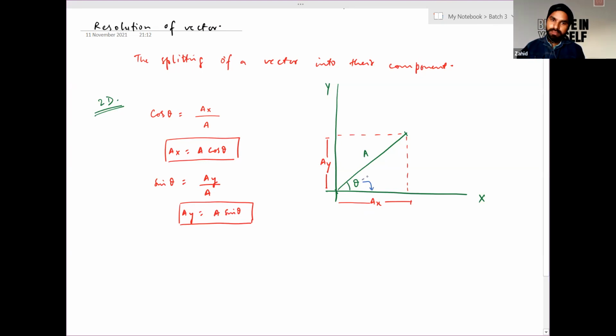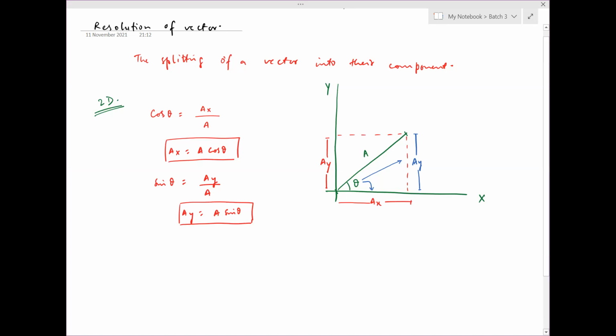Similarly, there is another component opposite to that theta, which will be the y component. To get that part, multiply the magnitude of the vector by sine theta. Just use these two concepts to find the x component and y component corresponding to theta with respect to the resultant. Is it clear? Yes, sir.